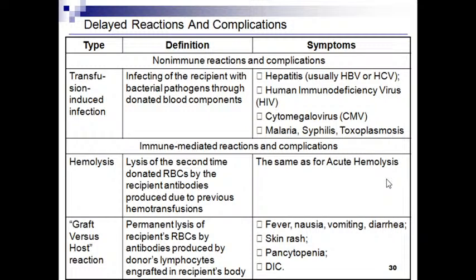And during repeated transfusion of erythrocytes, recipient body can produce delayed hemolysis. Clinical presentation the same as for acute hemolysis. But the hemolysis happens in a few weeks or in a few days after transfusion.